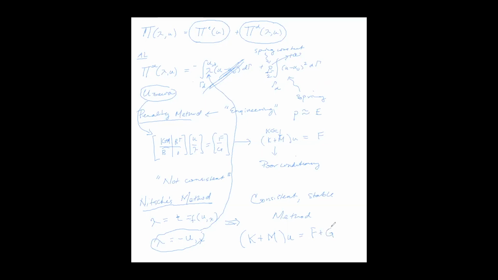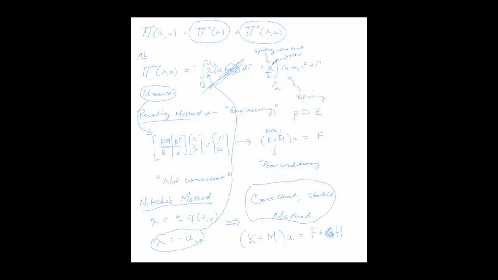I think in the notes I call this H. This is going to be subtracted over to the right-hand side, giving you another forcing vector. So Nitsche's method is nice because now you've eliminated the Lagrange multipliers, but you have a very physically motivated problem that mathematically is consistent and stable.